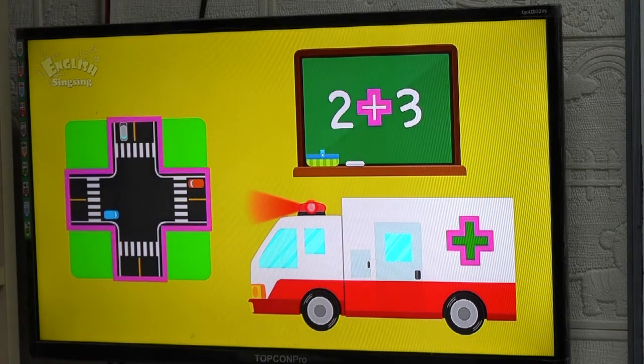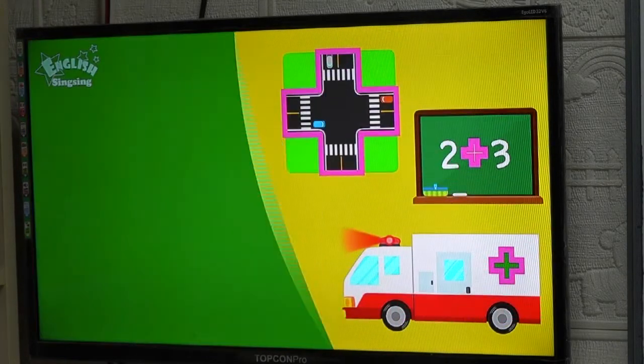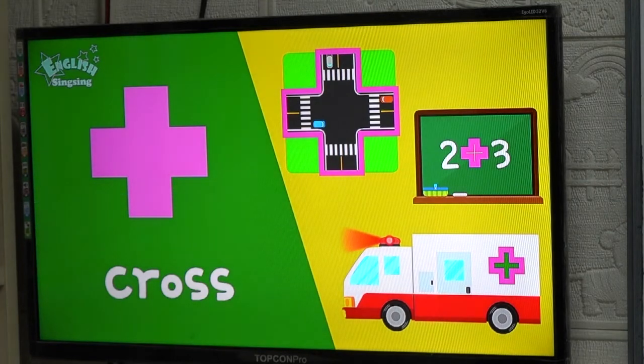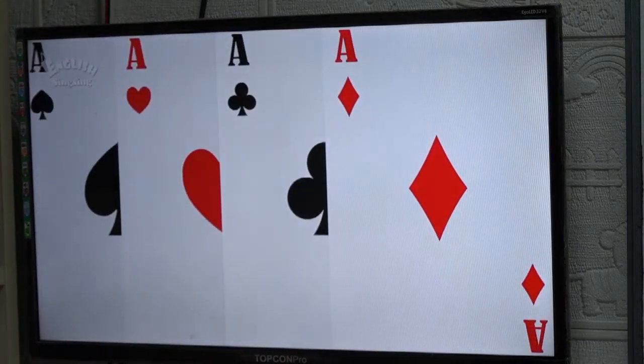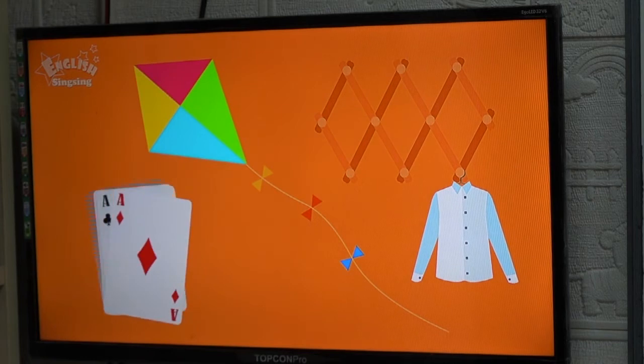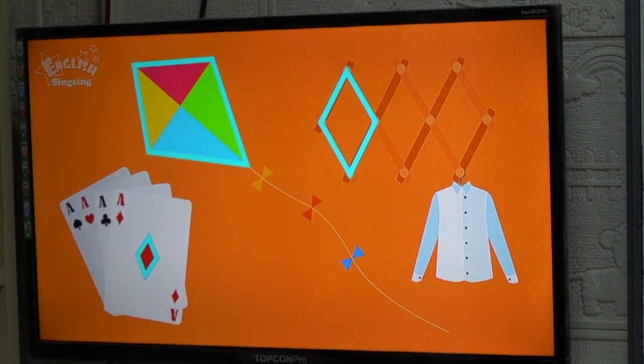These shapes are crosses. Cross, cross, cross. These shapes are diamonds.